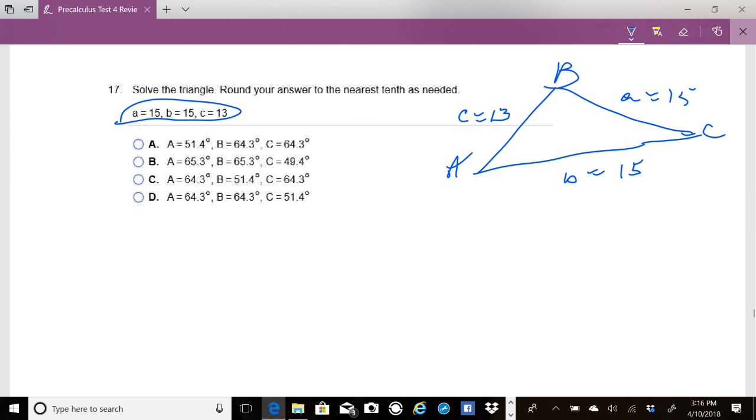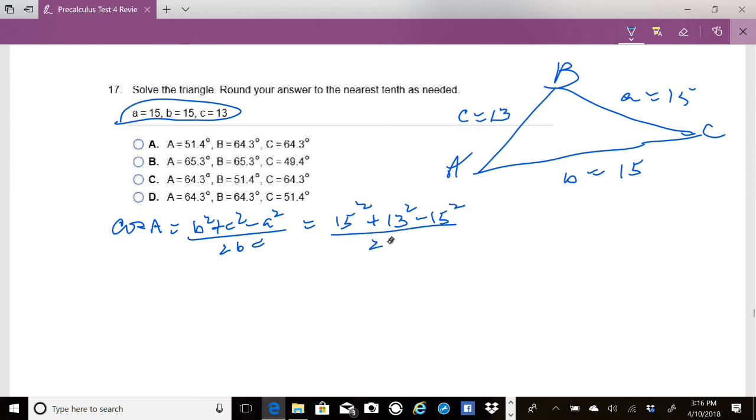So we start out, cosine of A is B squared plus C squared minus A squared over 2BC, which is 15 squared plus 13 squared minus 15 squared over 2 times 15 times 13, equal 0.4333.